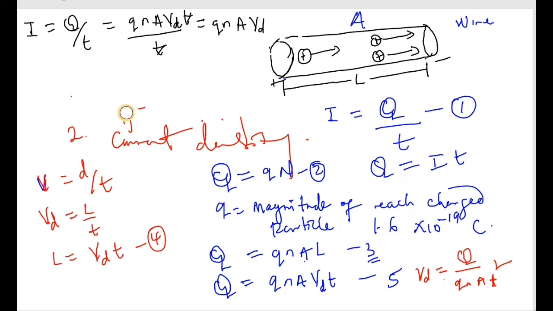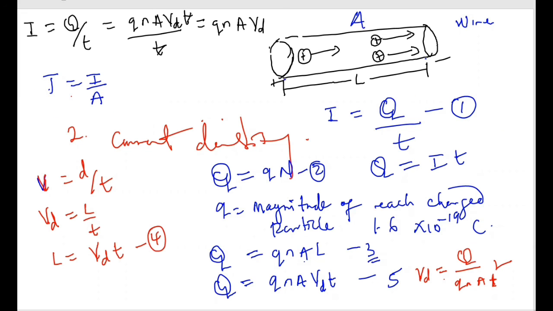Now let us look at current density, the second thing we are looking at. Current density is defined as J equals current per unit cross-sectional area. This is the definition of current density: current per unit area.